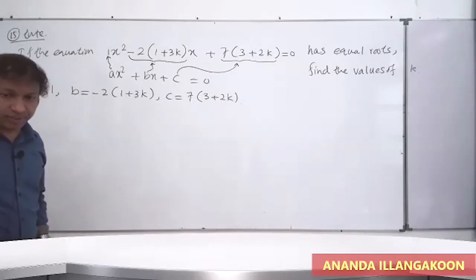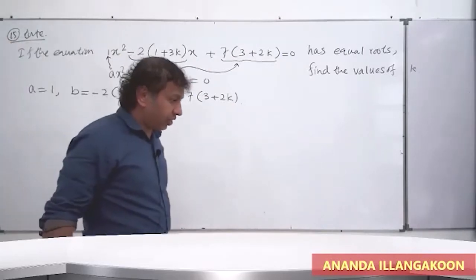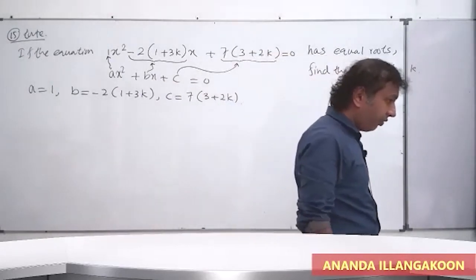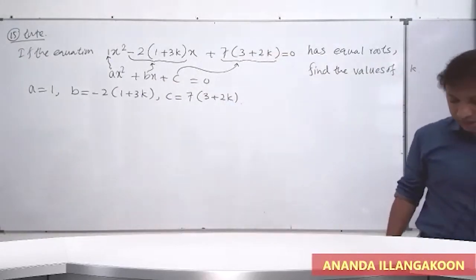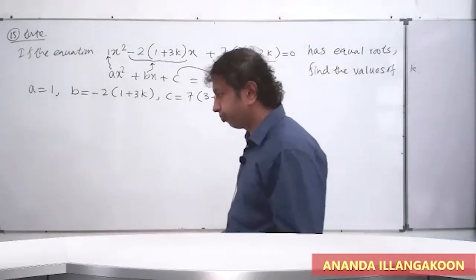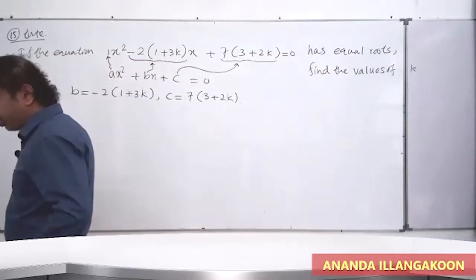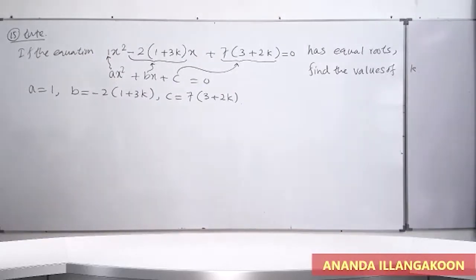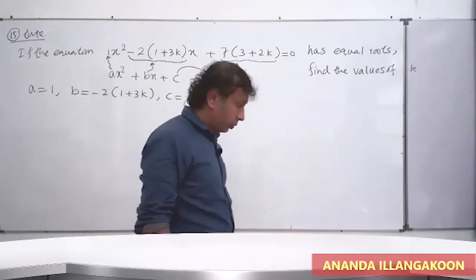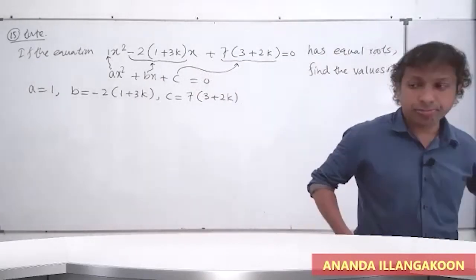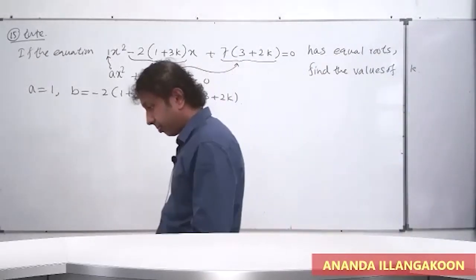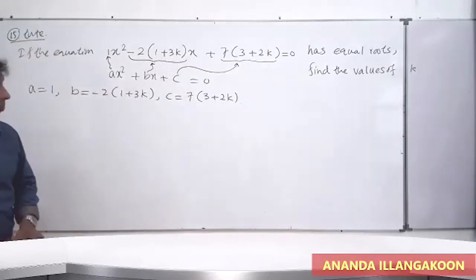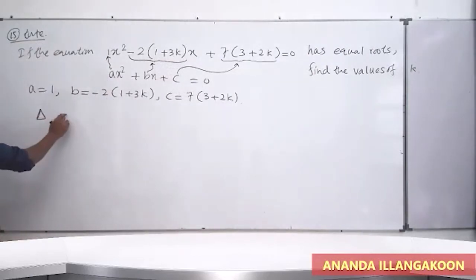Since the given equation has equal roots, delta equals 0.